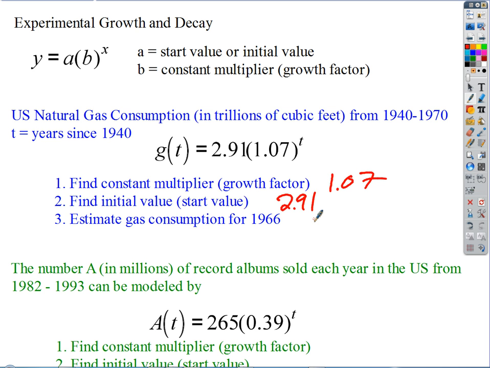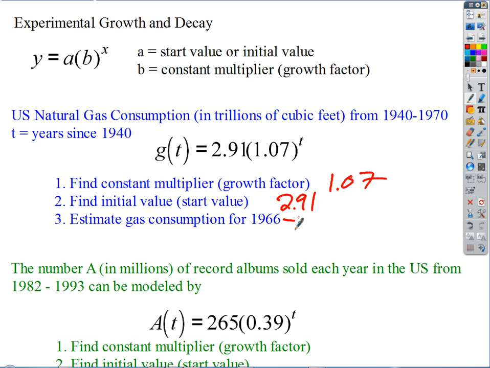It's that simple. If I wanted to estimate the yearly consumption for the year 1966, what would I do? Right, make T equal to the number of years since 1940. Well, what would that be? 26, right? 1966 minus my starting year of 1940 would just be 26, right?